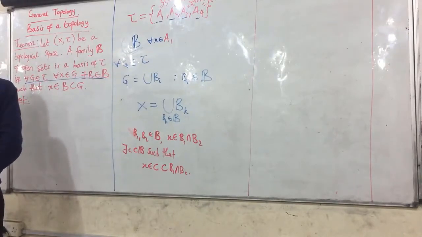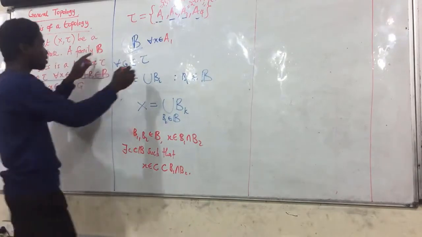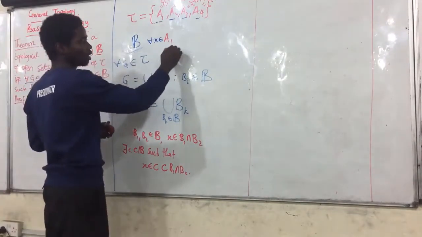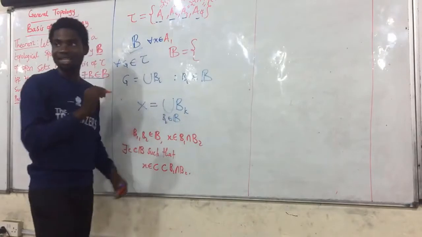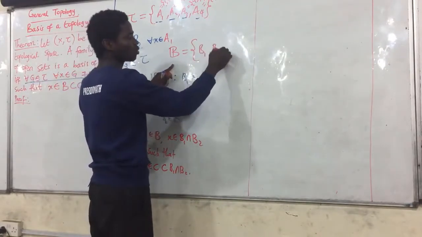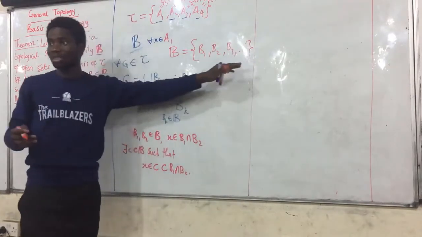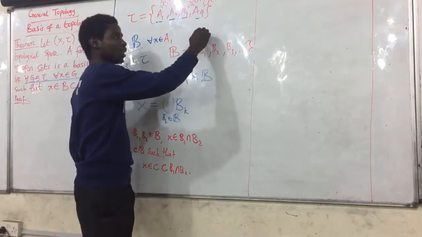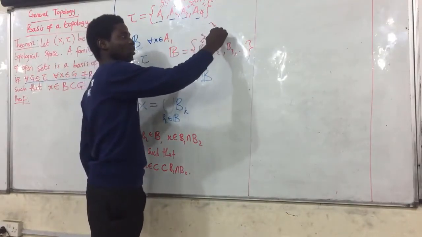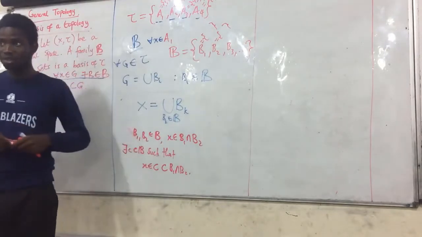This family B is the basis we are talking about. This B is equal to B1 to B3, and each B1 is also a set that has its own elements inside.